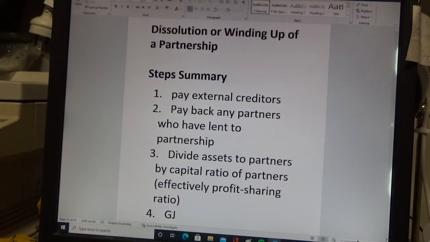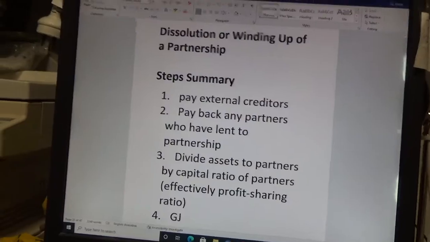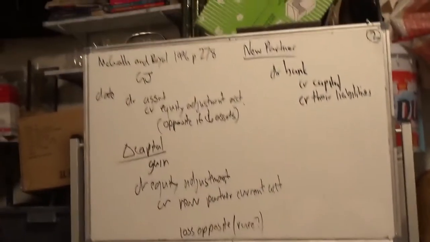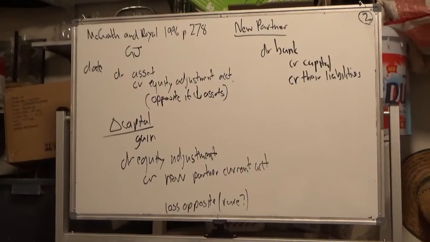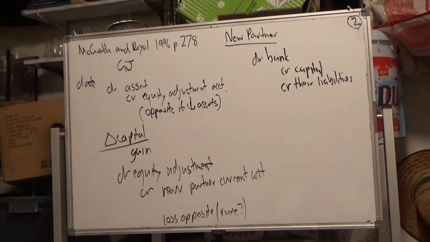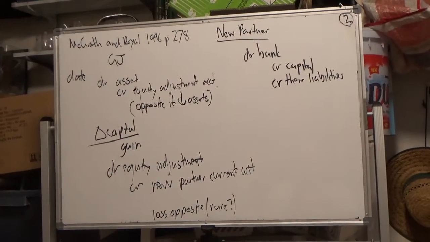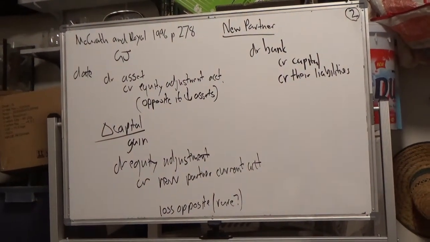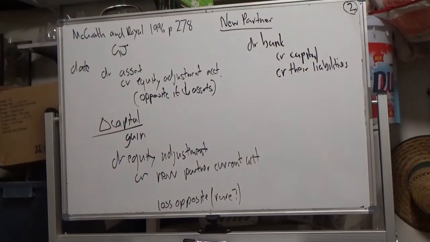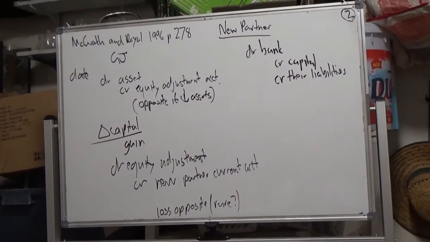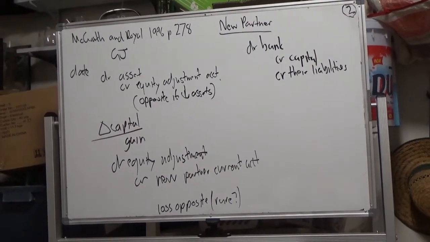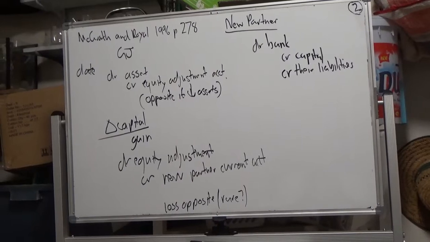Again, my source, McGrath and Royal, 96, page 278, and General Journal at the top. Make sure you've got a clear title, date, description of transactions for all this. I just did it in a summarised format because it just gets too much to explain. You debit asset and credit equity adjustment account.